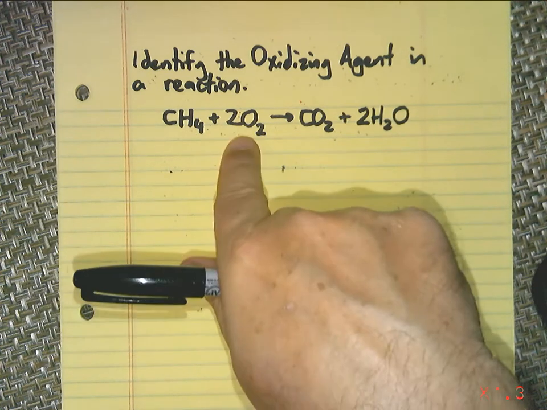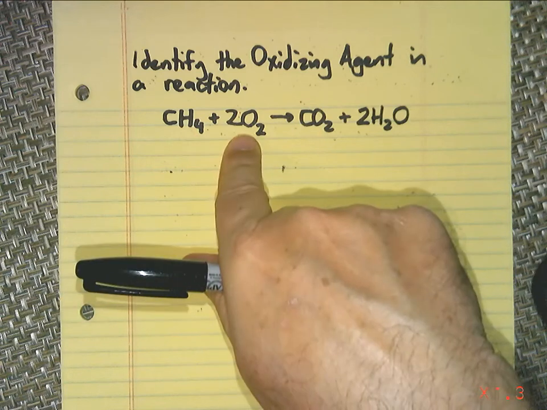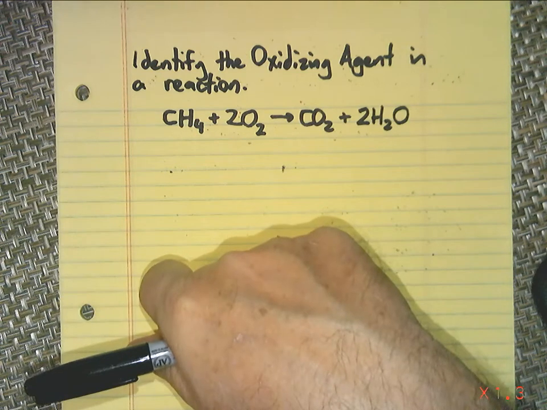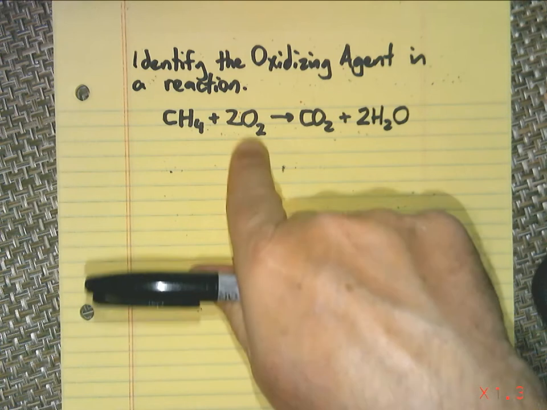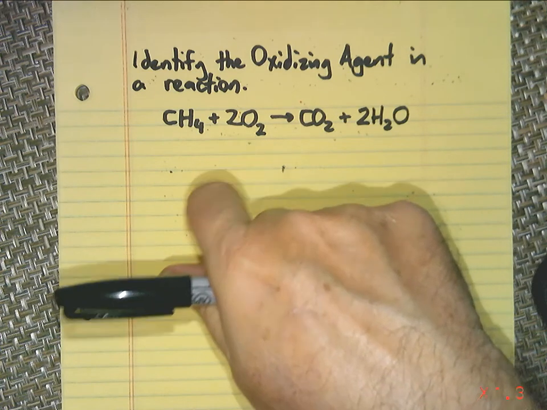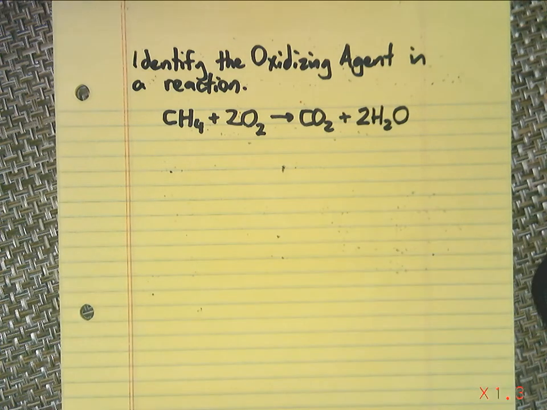It's a combustion reaction. Something is burning, and whenever you have a combustion reaction, that is a reaction that involves oxygen. That is an important class of redox reaction. So this is going to be a redox reaction, and we can actually see that by looking at where the electrons come from and where they go.